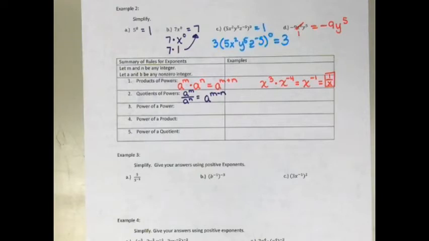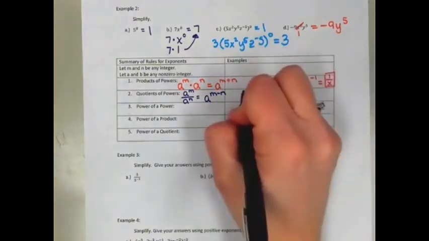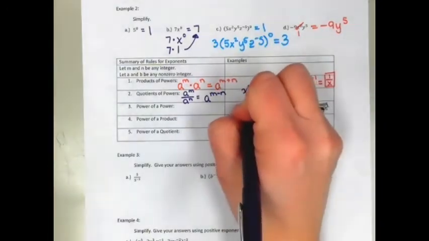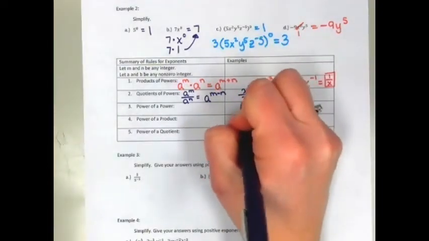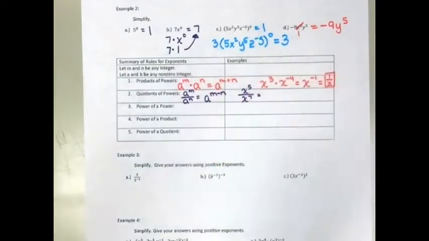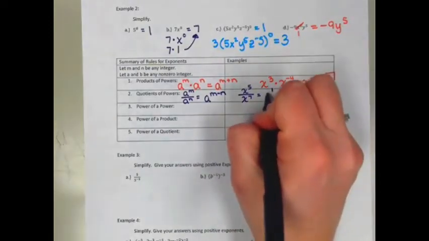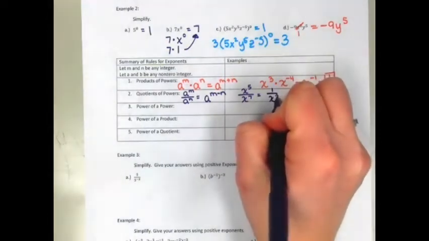Wherever the higher one is, right? So if I have x to the 5th over x to the 7th, what's easier to subtract? 7 minus 5, right? Which is 2. Where's my larger exponent? Bottom. So it'd be 1 over x to the 2nd.